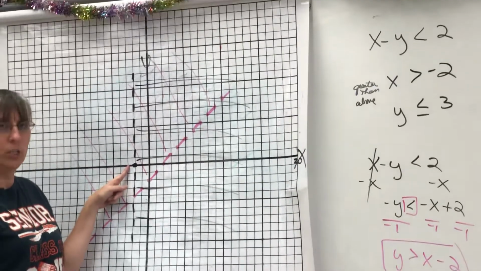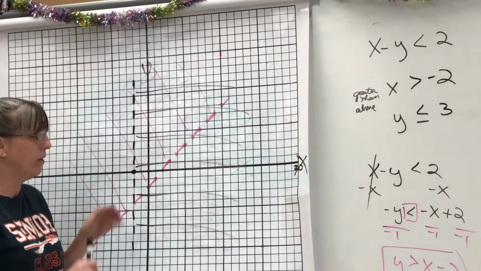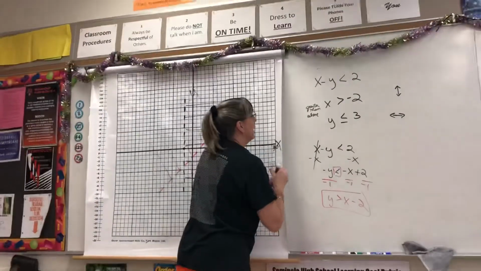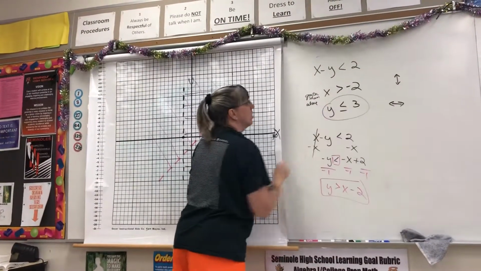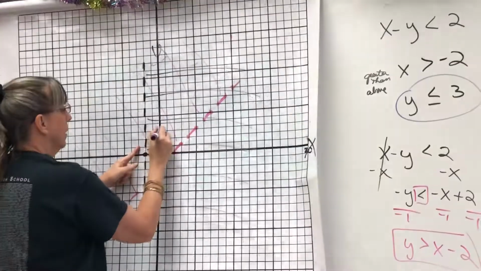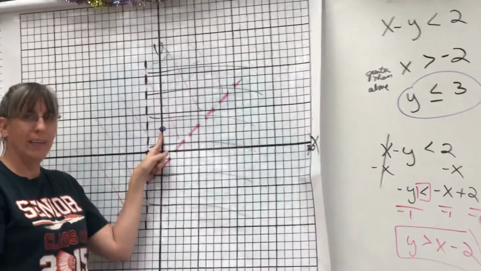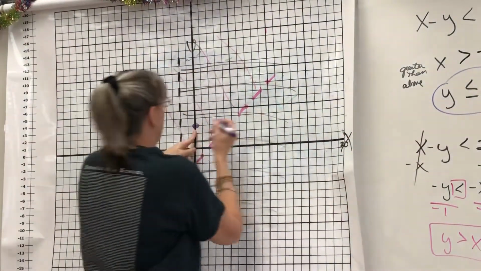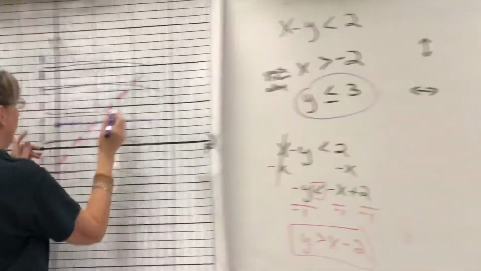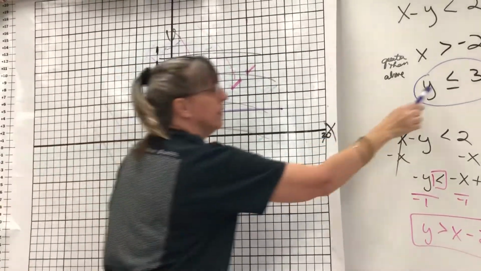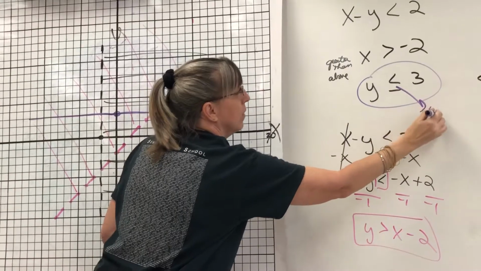Okay, I'm trying to shade lightly so you can end up seeing the final solution. It's going to be a little difficult. And last but not least is our horizontal line at 3. Here is where y equals 3. It's a solid line. So it's a solid line at 3. And less than is below.